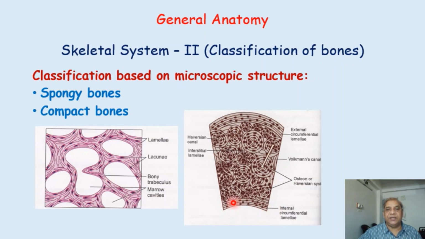Lamellae means layers of the bony tissue, and these are called the internal circumferential lamellae. This was external, this is internal, and in between the two are the osteons or Haversian systems.